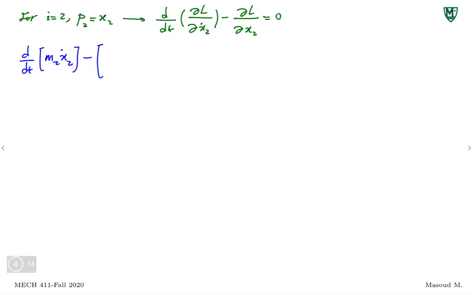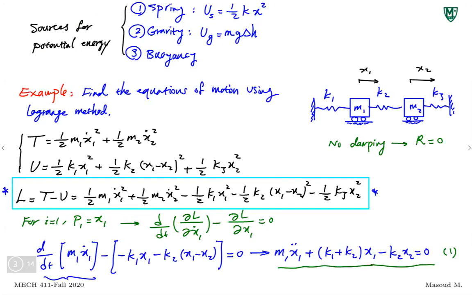Minus, let's see what we get there. The derivative of L with respect to x2. The first and second terms in L don't have x2, so they become 0. The third term doesn't have x2 either, so that's also out of the picture. The fourth term has x2, so (x1 minus x2) squared. I have to take the derivative with respect to x2 from that term.